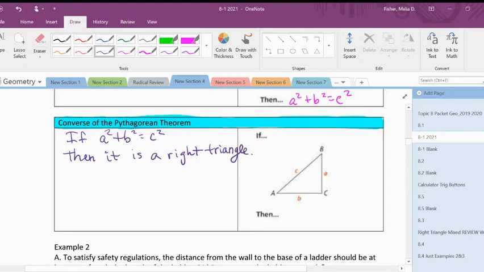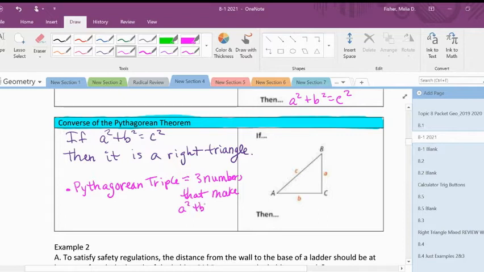Okay, and a little note to yourself. A Pythagorean triple is 3 numbers that make a squared plus b squared equals c squared work.